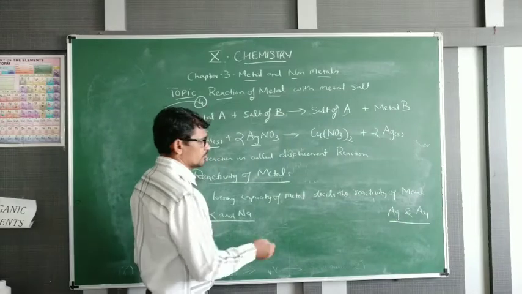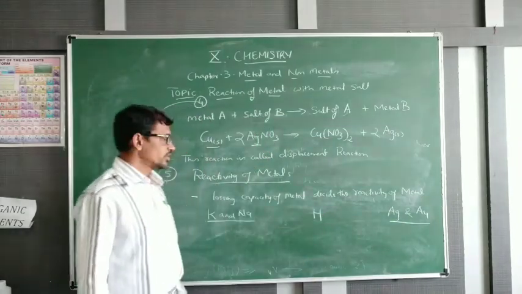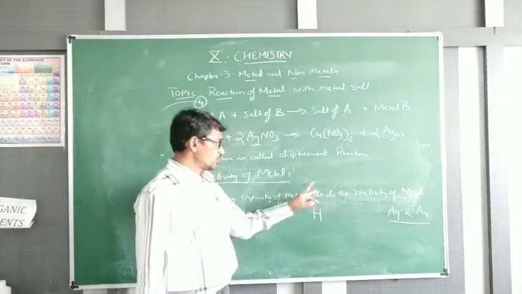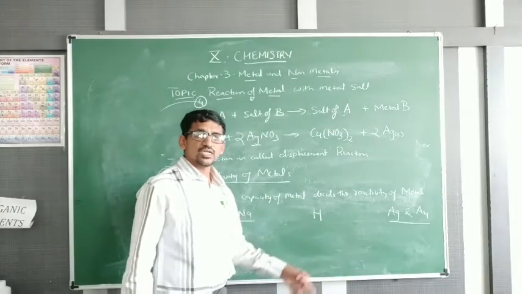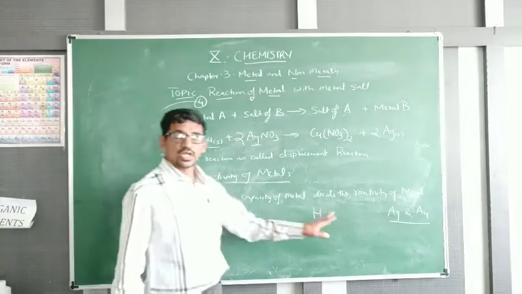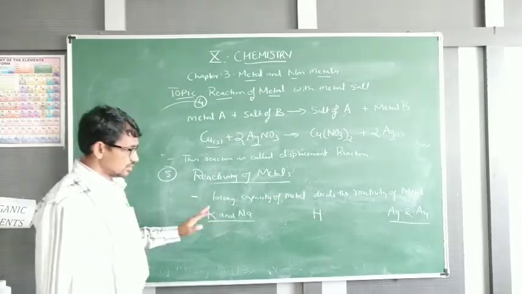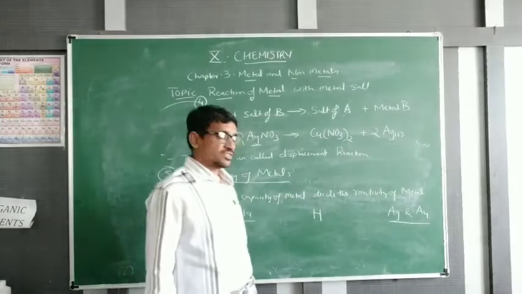In the center between them there is hydrogen. Instead of electrons, you can also compare with hydrogen. If the reactivity of a metal is more than hydrogen, then it is a more reactive metal. If it is less than hydrogen, then it is a less reactive metal.